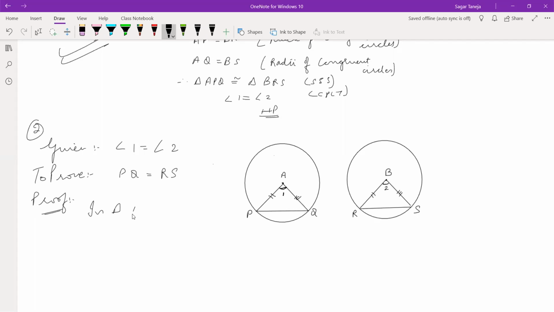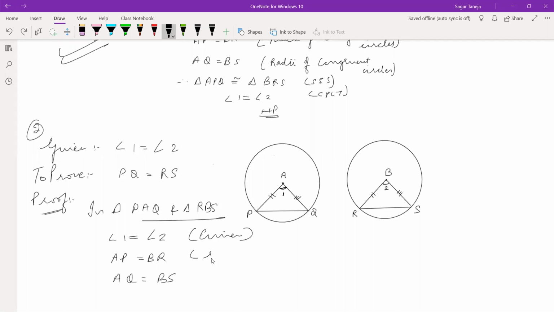In triangle PAQ and triangle RBS, angle 1 and angle 2 are equal, given, and AP is equal to BR and AQ is equal to BS, and the reason being radii of congruent circles.